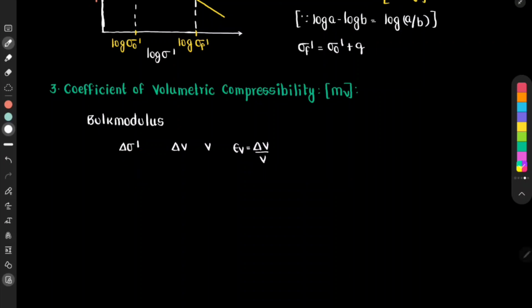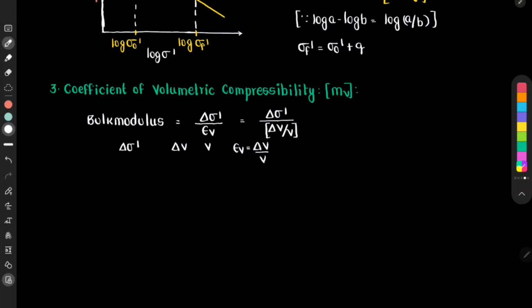This change in stress is nothing but the volumetric stress because it is changing the volume. So bulk modulus is equal to delta sigma dash by delta V by V.